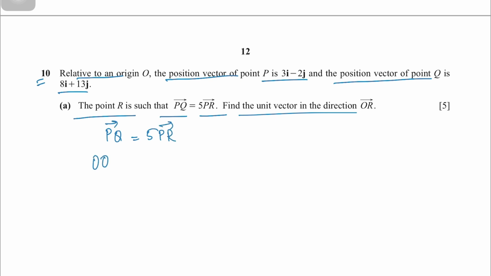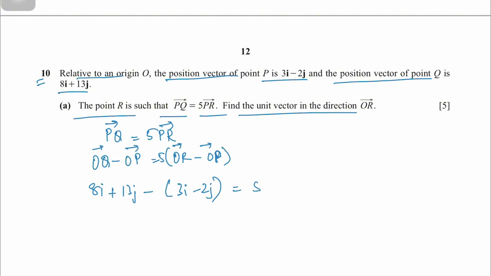PQ can be written as OQ minus OP, and PR can be written as OR minus OP. This is multiplied by 5 basically. So we have our OQ as 8i plus 13j. This is subtracted by OP, that is 3i negative 2j, equals to 5.